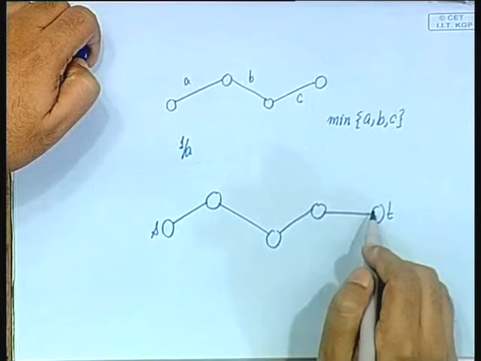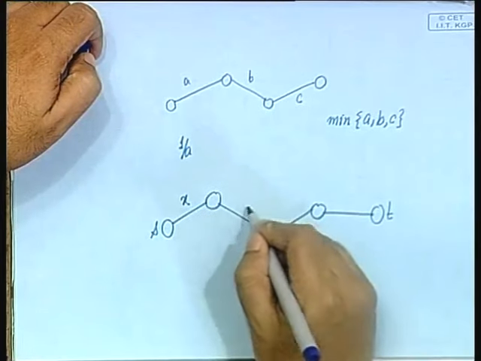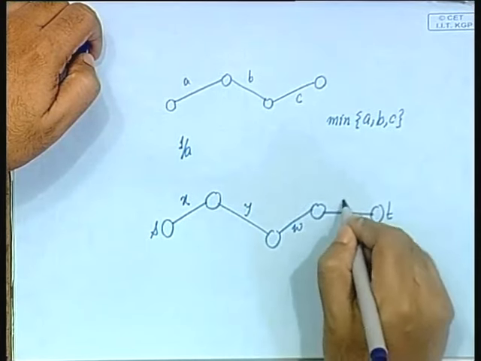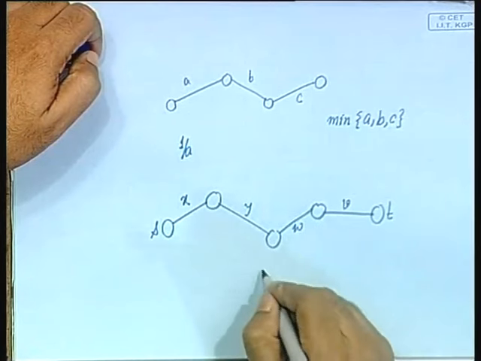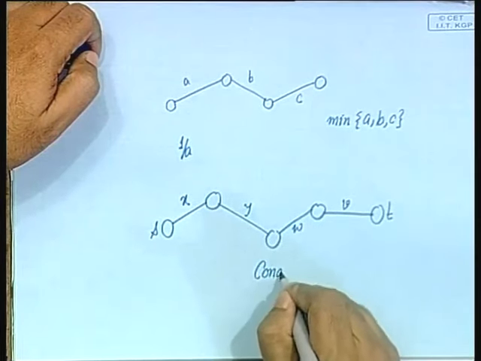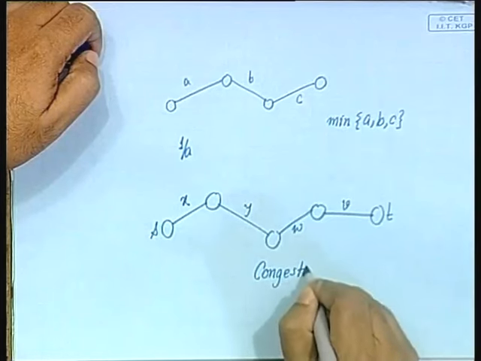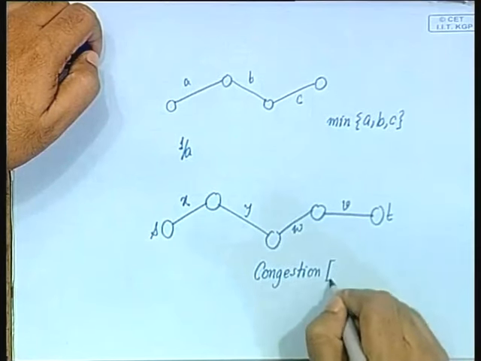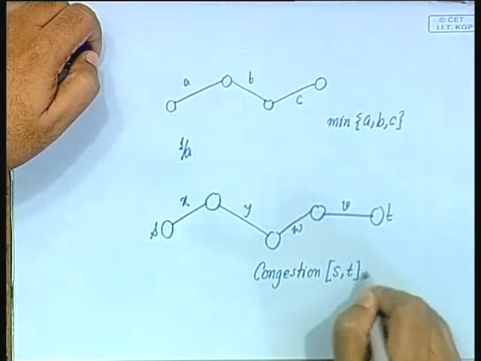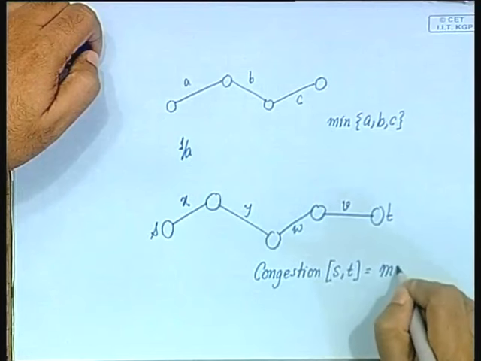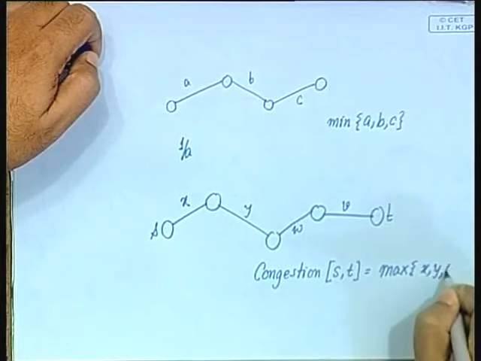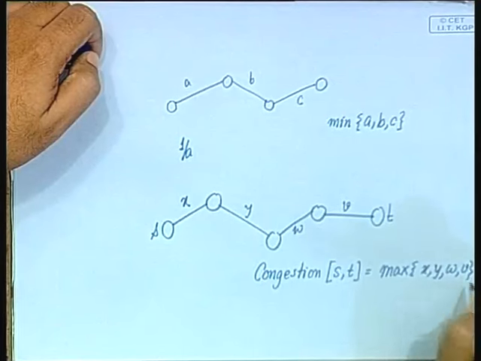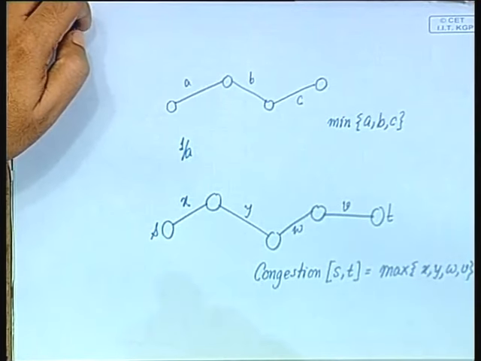okay. So, if the congestions are x, y, w and v, then the congestion of the path, the congestion on the path from S to T is the max of this x, y, w and v, right.